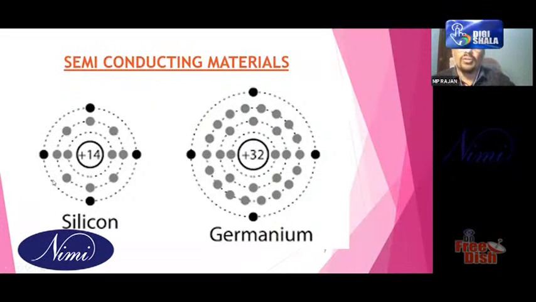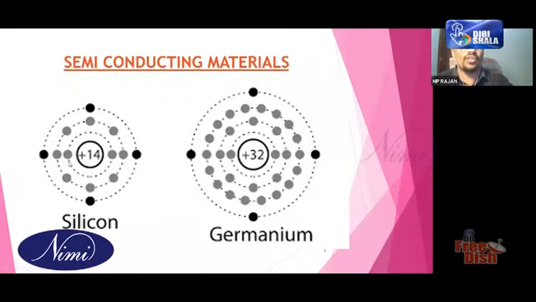You can see the atomic number of silicon is 14, whereas the atomic number of germanium is 32. The electron distribution in silicon is 2, 8, and 4.